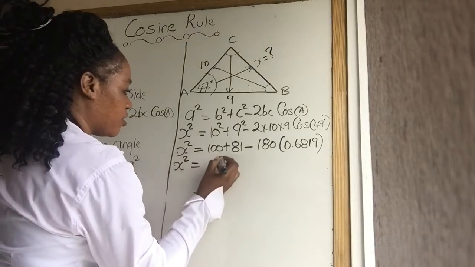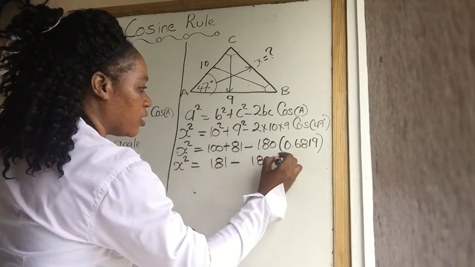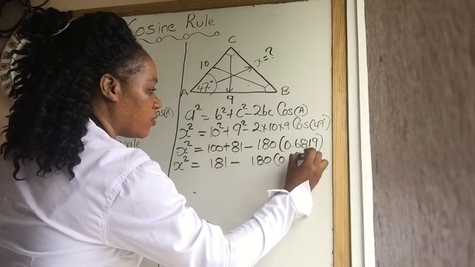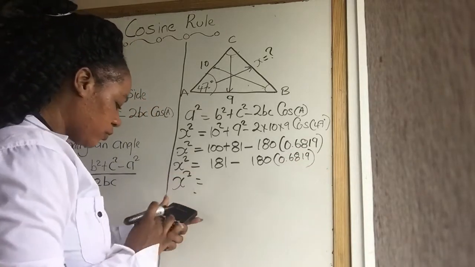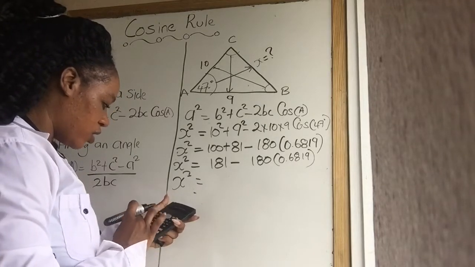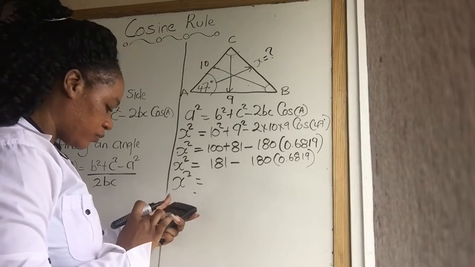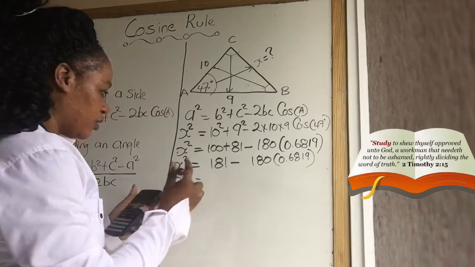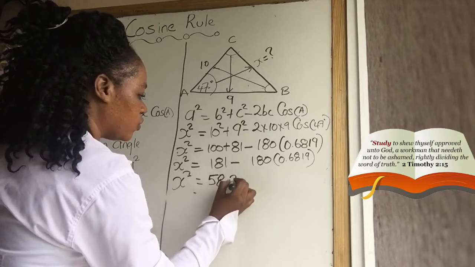So x squared is equal to 181 minus 180 times 0.6819, which is 58.24.